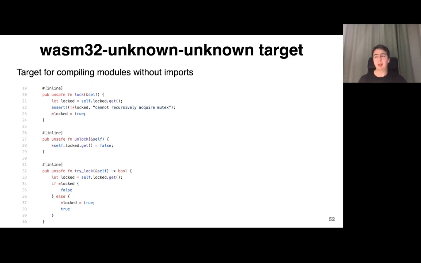For example, if you use the Wasm32 unknown target, you can compile some huge application that depends on, for example, a Mutex. But MVP WebAssembly is only single-threaded, and because of this, a Mutex could be represented just by a Boolean, or here, as I remember, it's a Cell.